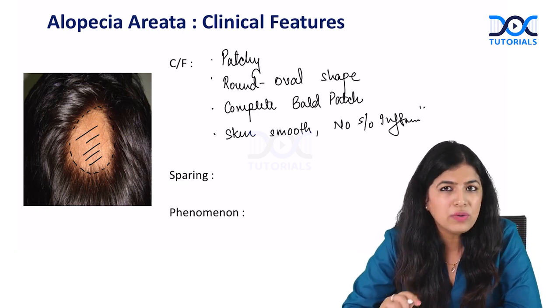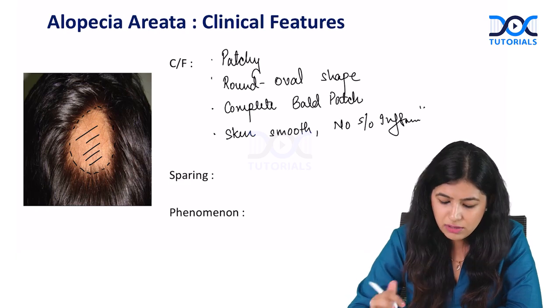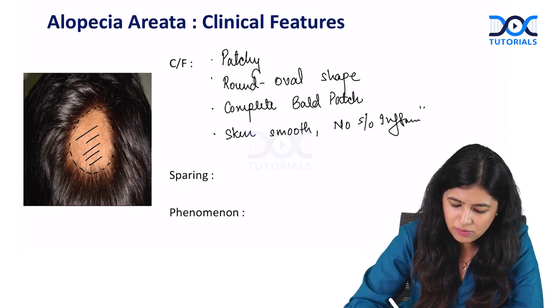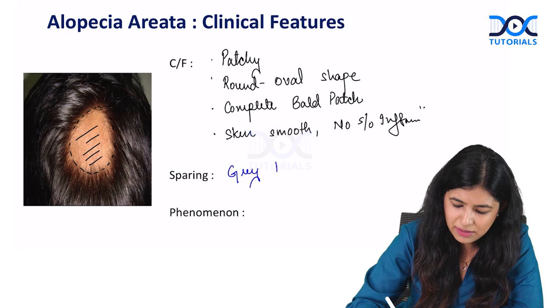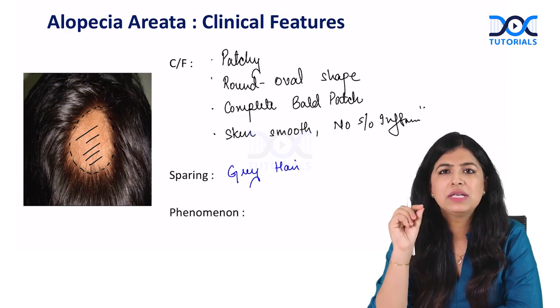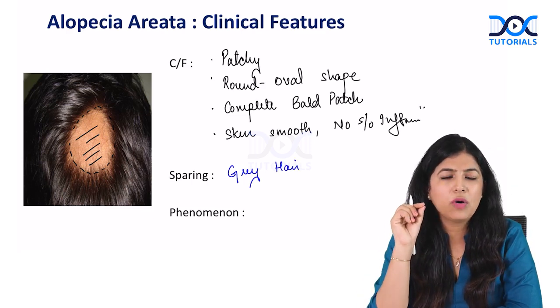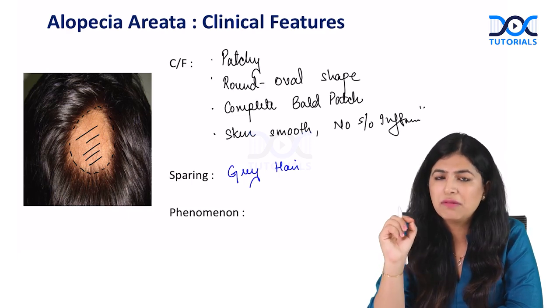And I told you that it affects the black hair, so there will be a sparing of the gray hair. In the patch, some non-pigmented or gray hair may be visible.